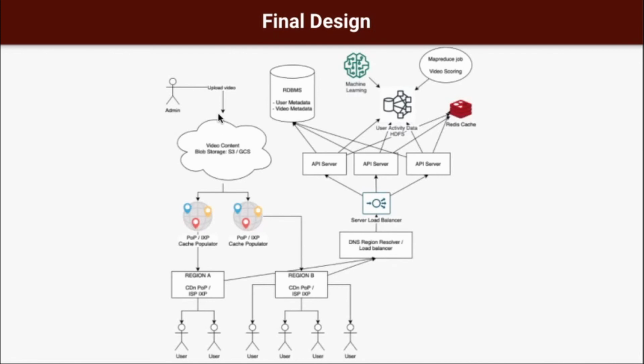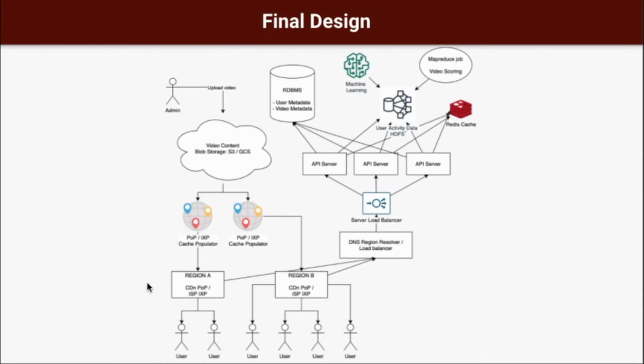So our final design will be something like this. First, admin uploads video into blob storage, S3 or Google Cloud Storage. And then the video will be forwarded to the point of presence or internet exchange point, the cache populator.